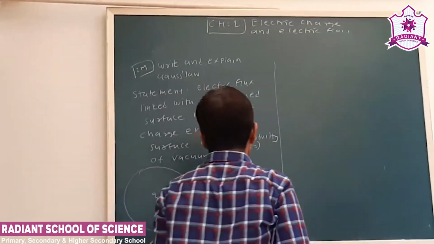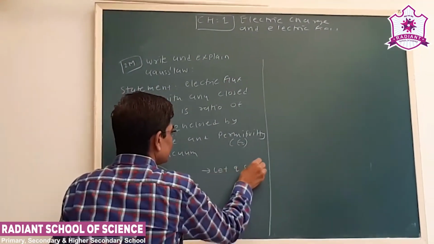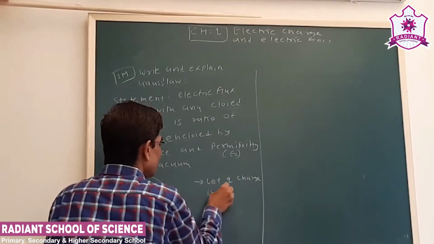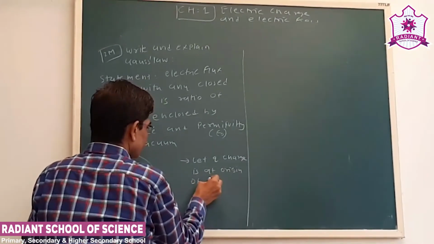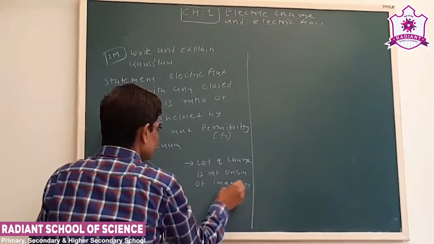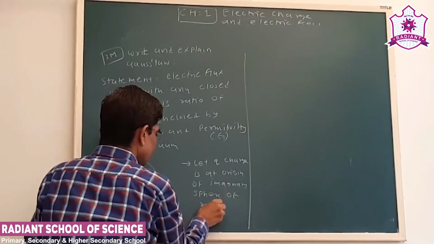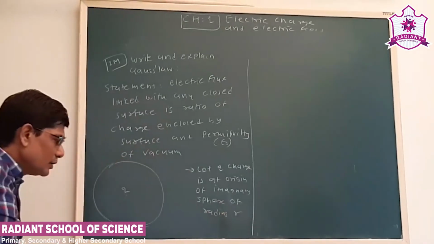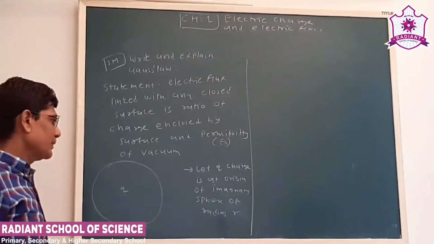Now see, the proof will be like this: let Q charge be at the origin of an imaginary sphere of radius r.